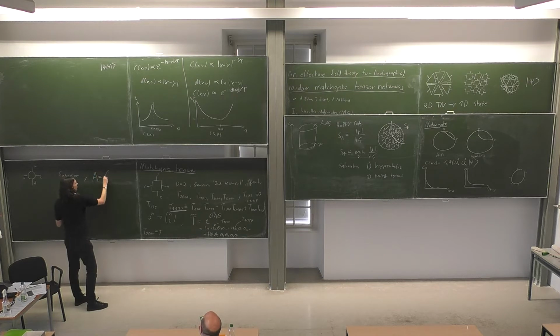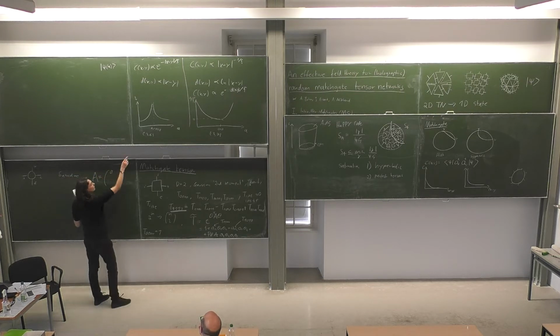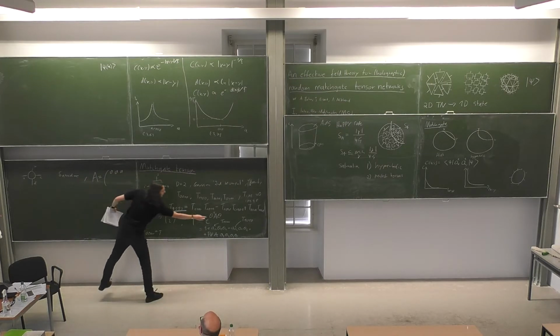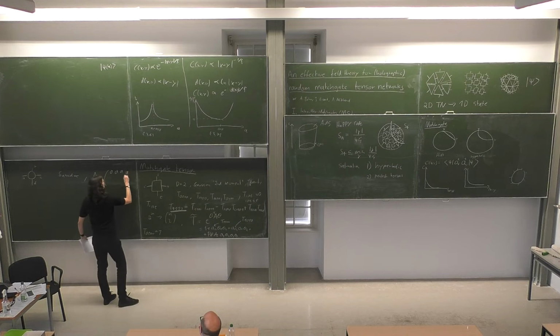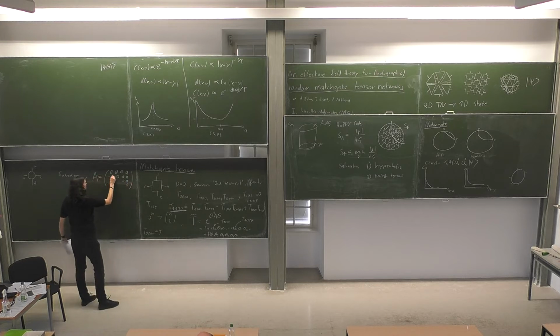now I also tell you what this parameter A is. In this previous work, they considered a special random matrix A, which was specified by just a single parameter. So you have the following matrix.